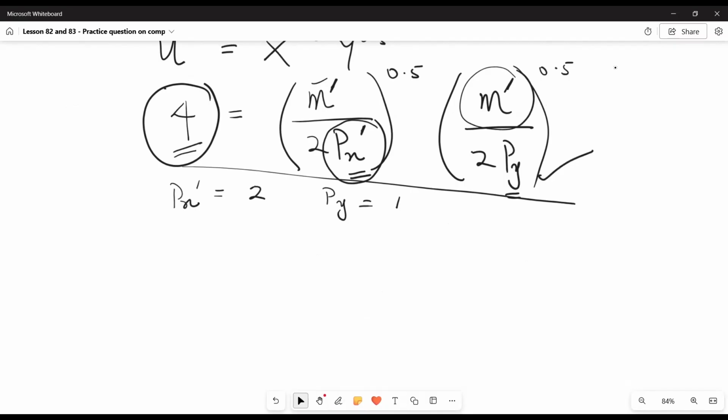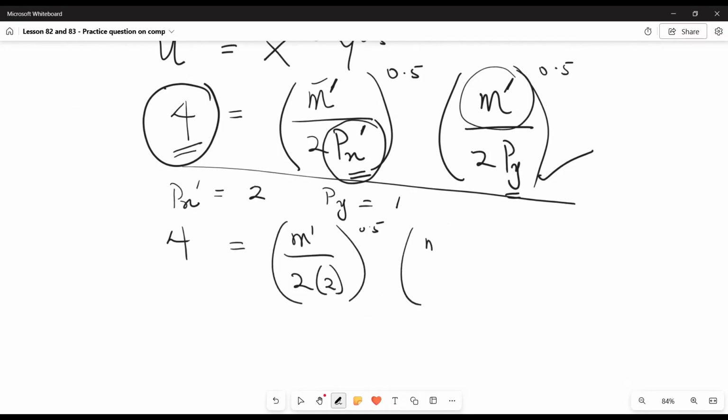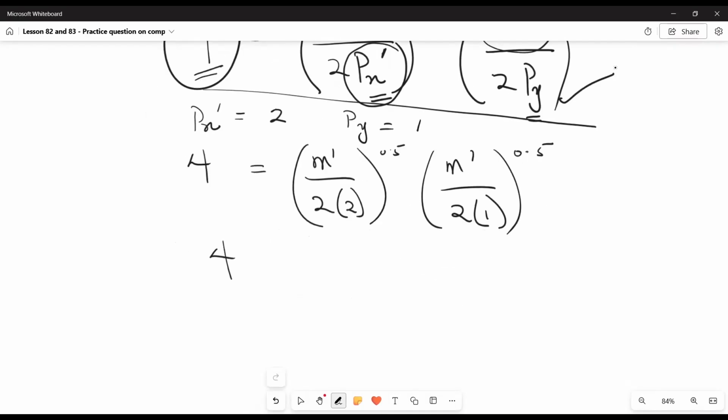So if we solve this out, we're going to have 4 being equal to m prime divided by 2 times 2, all raised to the power 0.5, and then m prime divided by 2 times 1, all raised to the power 0.5. This simply reduces to 4 is equal to m prime raised to 0.5 plus 0.5, divided by 4 raised to the power 0.5 times 2 raised to the power 0.5.